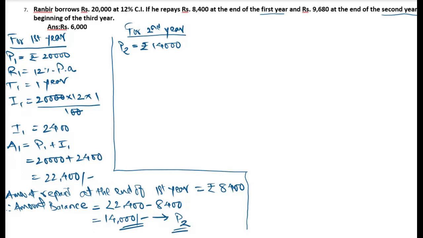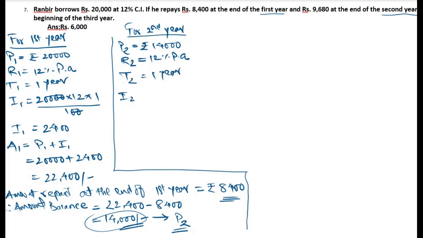Now you understand why the principal has gone down, because some of the money has already been repaid. Only the balance amount will qualify for earning interest or for paying interest. So R2, the rate, remains the same, 12% per annum. T2 will be 1 year.